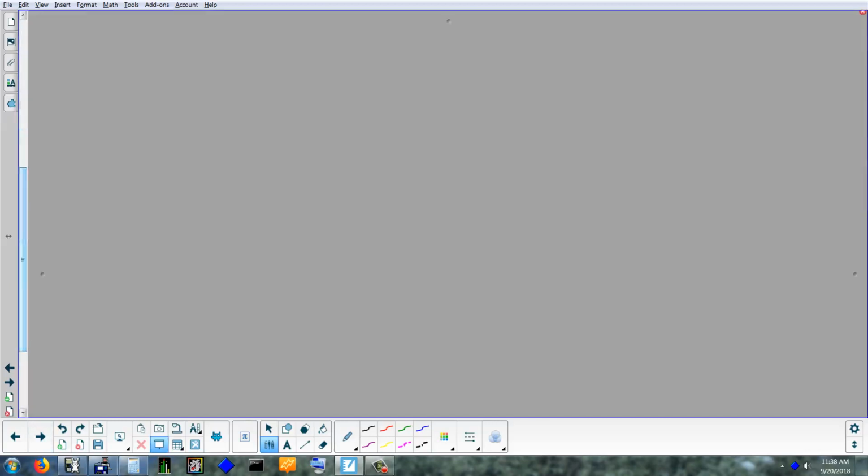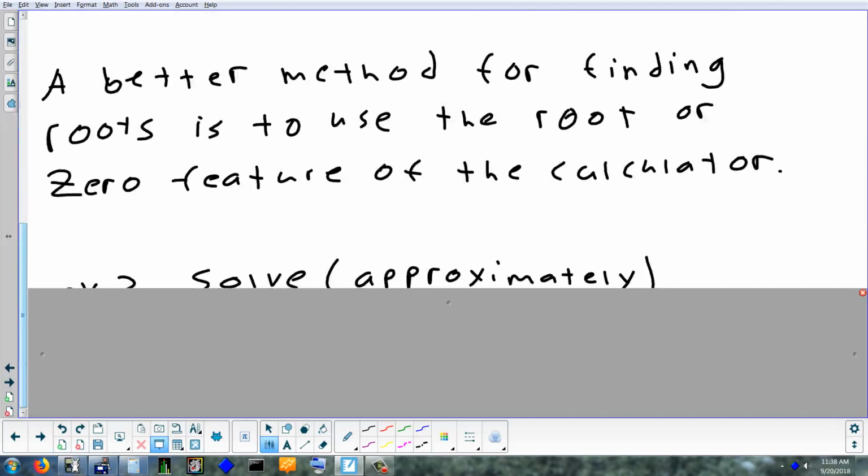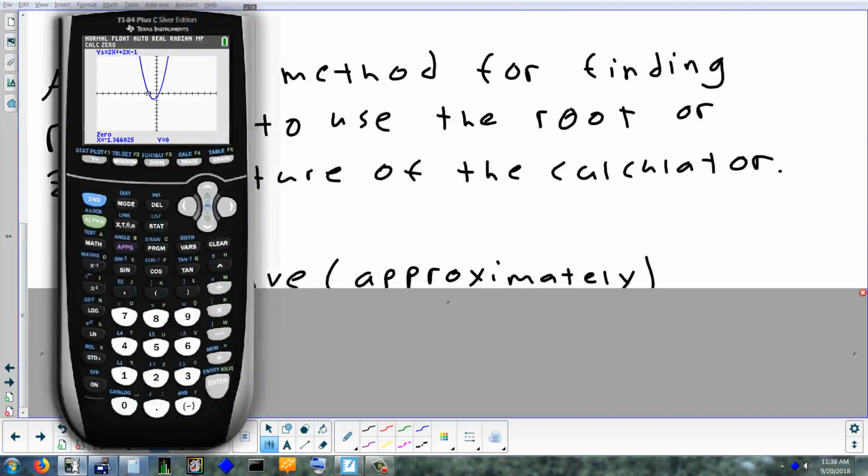Finding roots graphically, I've already gone through this with you. If you need to write it down again, you use the 0 feature of the calculator. The old method was when that feature didn't exist. Some calculators don't have second calc 0, so the only way you can find it is to keep zooming in to see it closer and closer, and that takes forever.